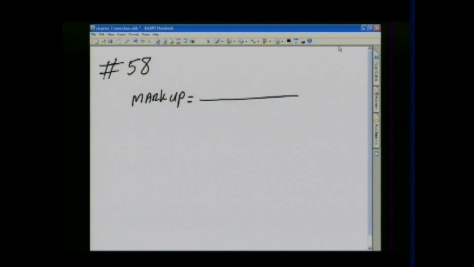The price minus wholesale, divided by wholesale. This is how you define the markup. You want this to be at least 30%, so you want this to be greater than or equal to 0.30.